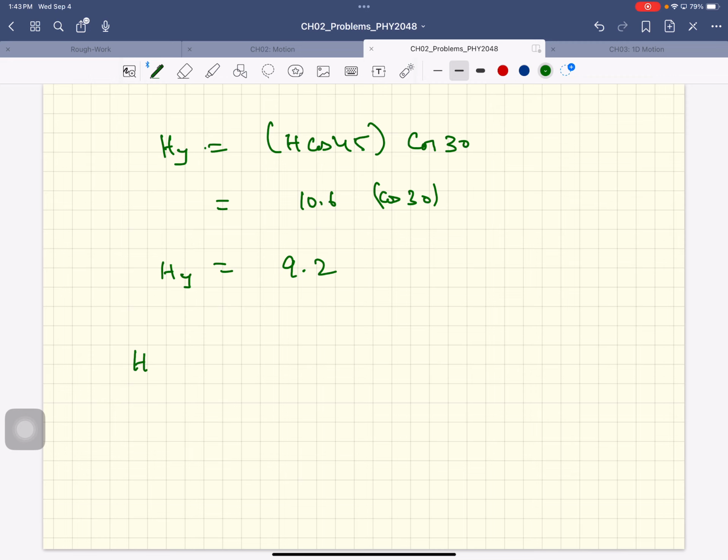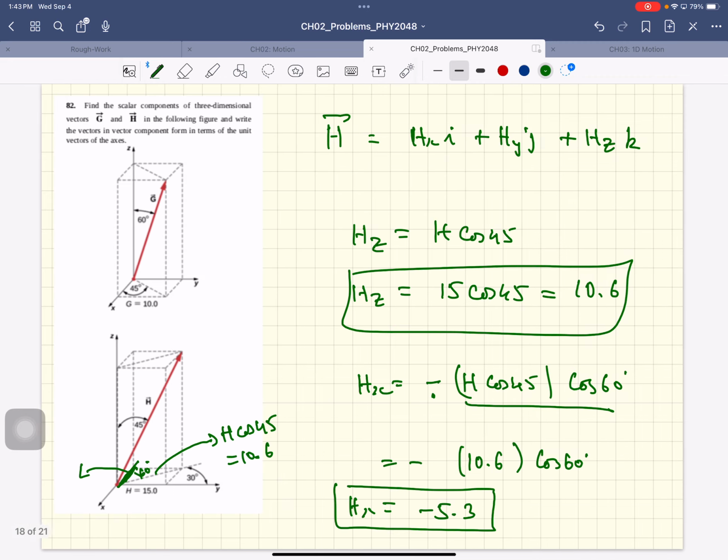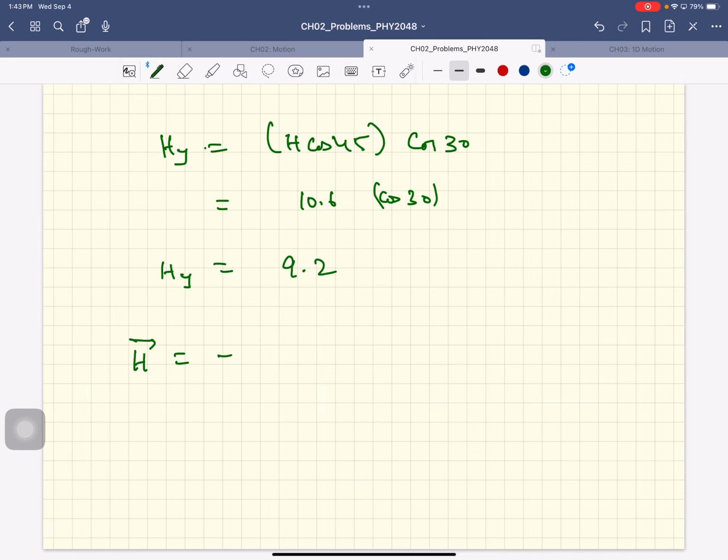All right, so our vector h is minus 5.3 i plus 9.2 j plus 10.6 k.